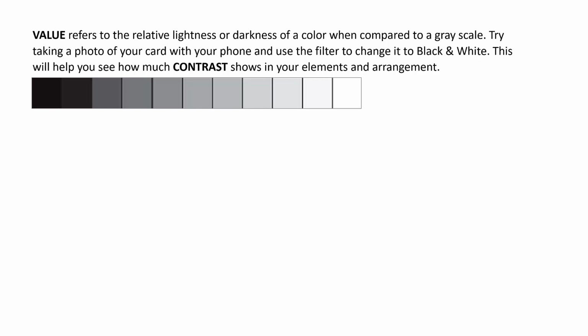So if you're picking out fabrics for a quilt, you're going to have a variety of fabrics, some of them really light, some of them very dark, some of them in the middle, so that you've got contrast going on. And we measure that concept of value in a grayscale.